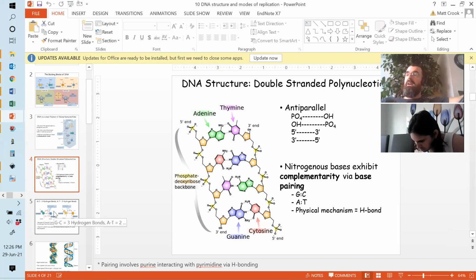And so this base pairing is how the DNA has its structure, and how RNA is made using the template strand. But it's also really, really important in error-free DNA replication.